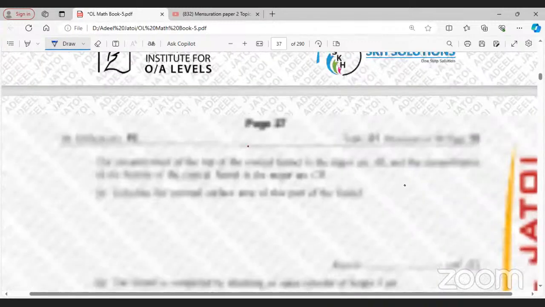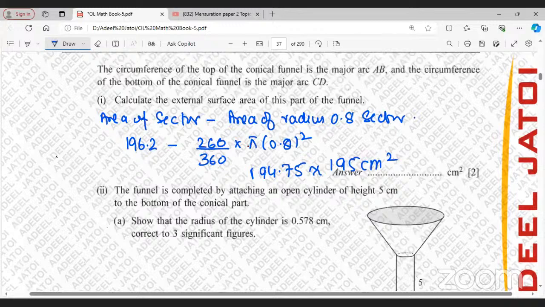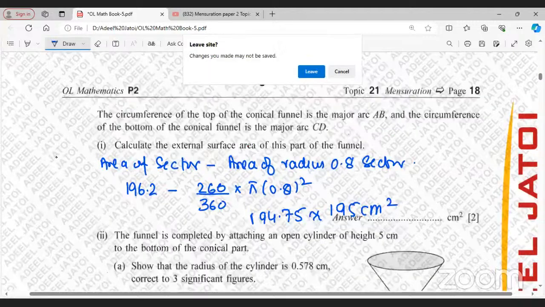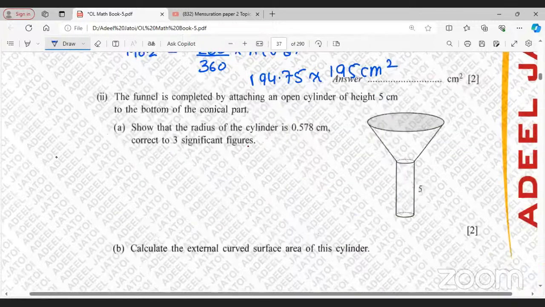Then the funnel is completed by attaching an open cylinder of height 5 centimeters to the bottom by a conical part.